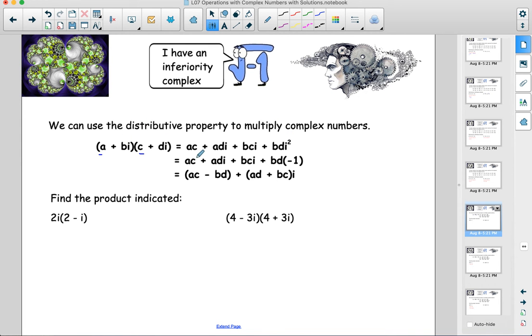That's going to give us ac plus adi plus bci, but it turns out that this part here is actually a real part. It's not a complex part, it's a real part, because i squared is negative 1. So I now can replace this with ac minus bd as my real part, and ad plus bc times i as my imaginary part.